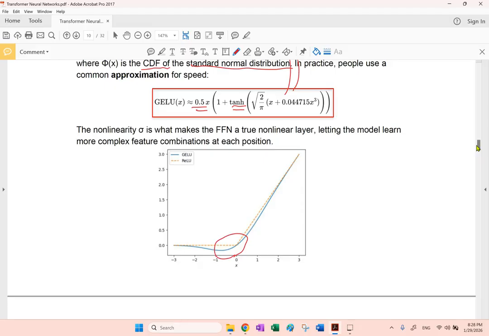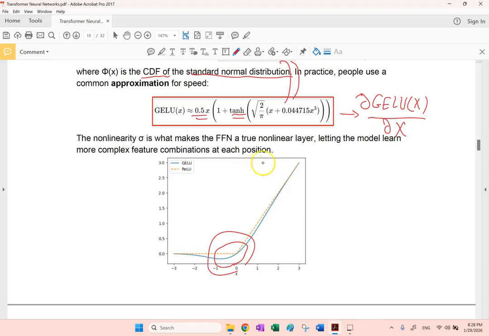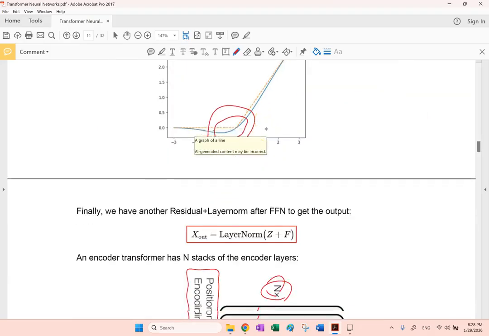So that allows you to take the partial derivative of GELU of x with respect to x without any difficulty, especially when you use this approximation, not the lookup table, because a lookup table does not give you a function to take a derivative from. So you easily take a derivative from that, and it helps with the backpropagation. So many times they use the GELU function. I just wanted to talk about it since I have not talked about it.